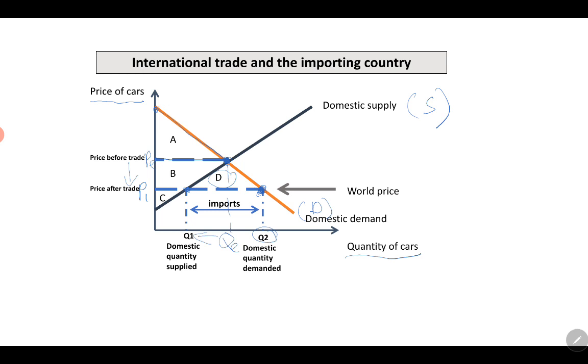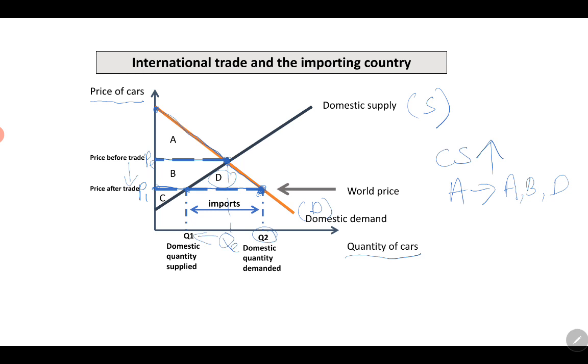What happened is the triangle has now become bigger. It covers a bigger area, A, B and D. So consumer surplus has increased, from A to A, B and D, because what they are willing to pay at the highest and what they actually pay after trade is lower. So they gain in terms of consumer surplus.